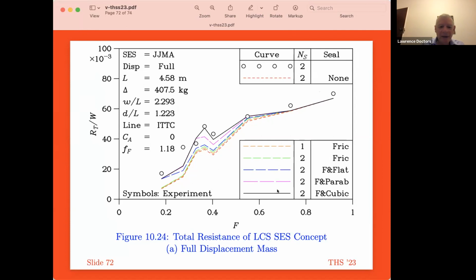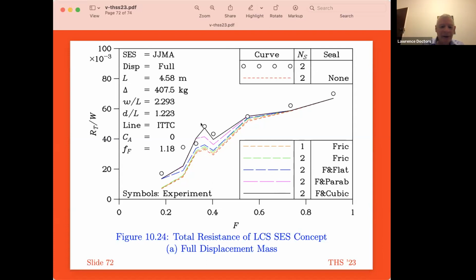And then the last three curves showed more realistic models of the fingers, where I also look at the proper deflection and the pressure distribution. So I looked at flat friction plus a flat shape, friction plus a parabolic shape, and friction plus a cubic shape. But it seems to me the last theory is reasonably representative of what's really going on.